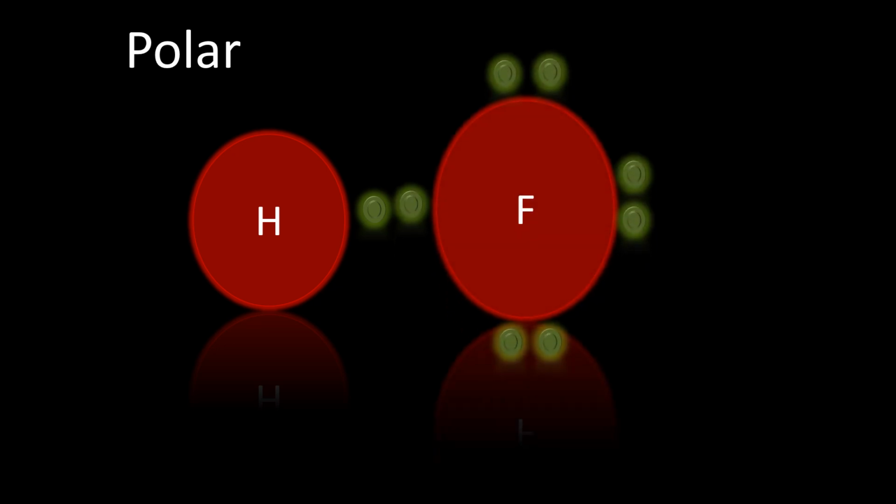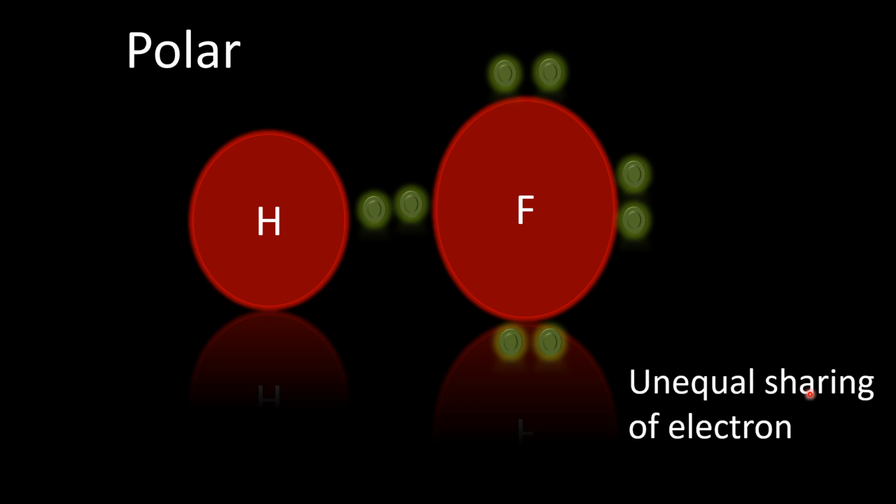And fluorine has 7 electrons in its orbit and shares its electron with the hydrogen atom. As we know, there is unequal sharing of electrons because the electronegativity value of fluorine is 4 while hydrogen is 2.1. So the electronegativity value of fluorine is more than that of the hydrogen atom.